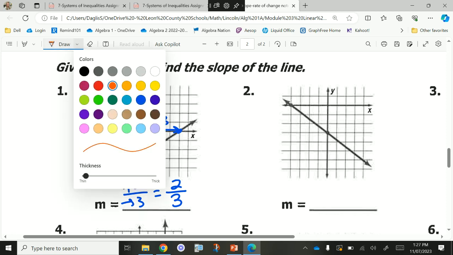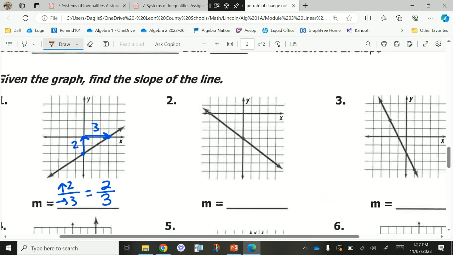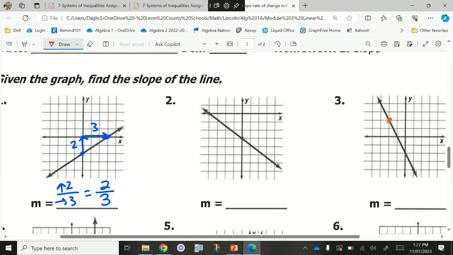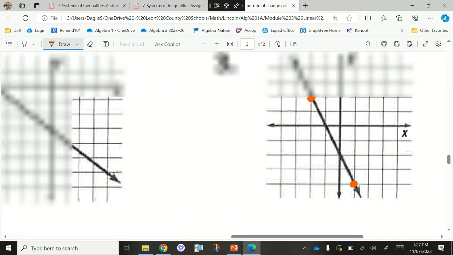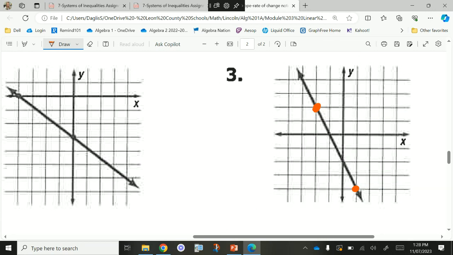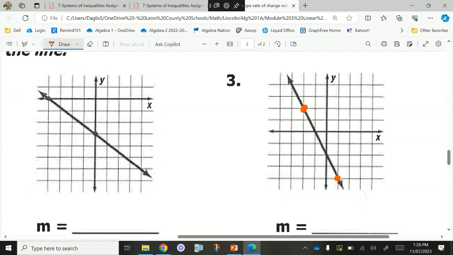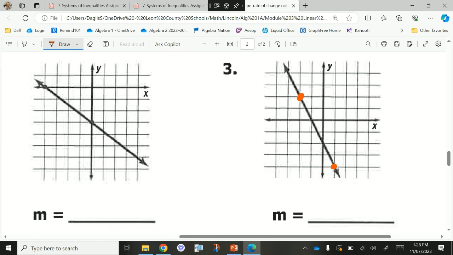All right, let's look at number 3. They've labeled this point for me, and they've labeled this point for me. First off, my rise. Did it rise up or rise down? Technically, it fell down. And it fell down how much? 6. 1, 2, 3, 4. That is down 6, right? Yes.